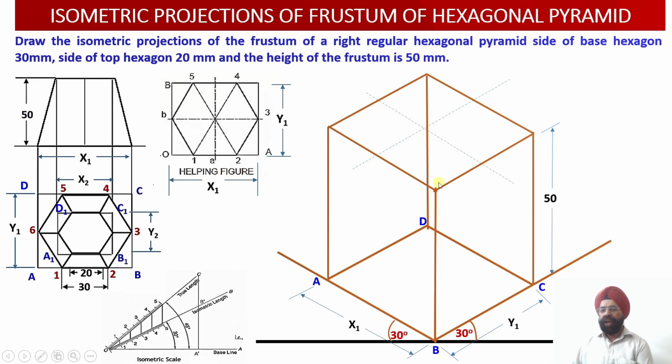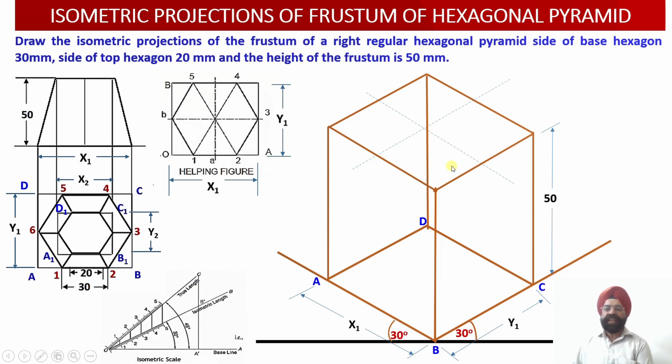Now we know that on the top surface we do not have the dimensions x1 and y1. So on the top surface how much dimension do we have? Instead of x1 we have the dimension x2 over here, and x2 is smaller than x1. So what will we be doing? With respect to this center line, I will be marking x2 by 2 on this side, x2 divided by 2 on this side, so the total dimension should become x2 over here.